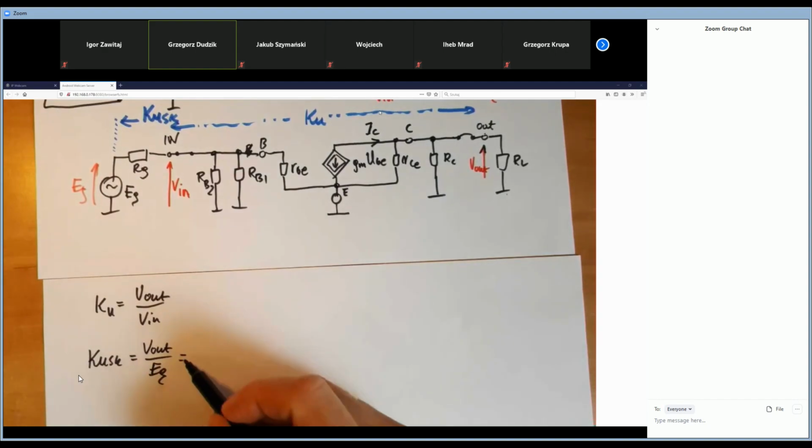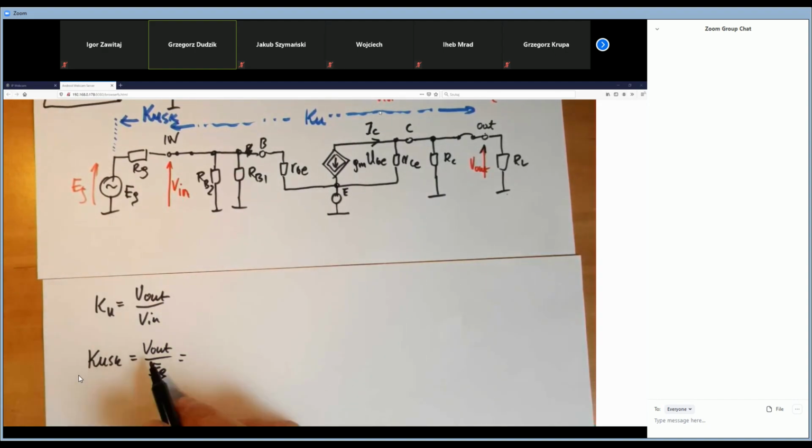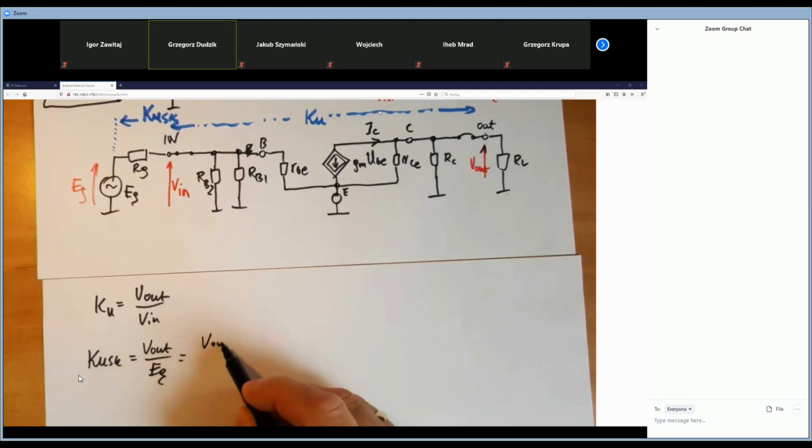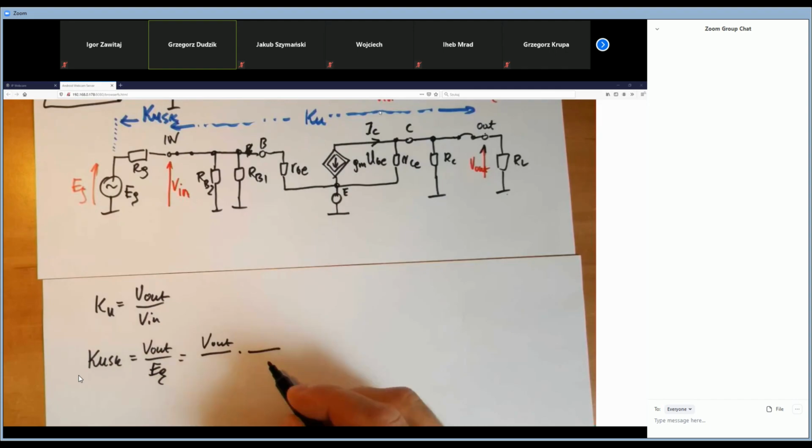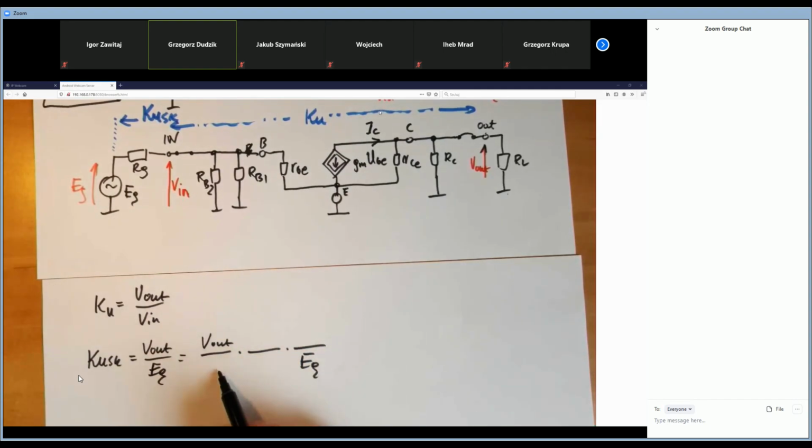So let's write that formula. V out, let's divide it by something to get the values that can be found.